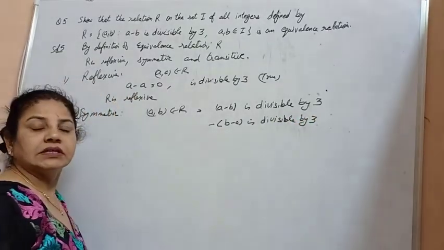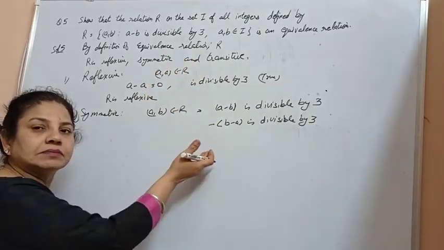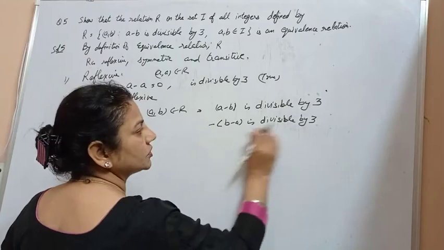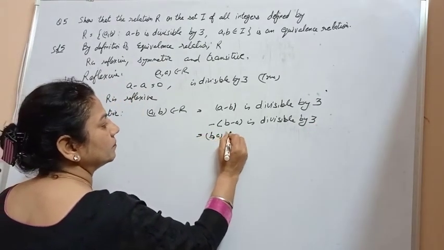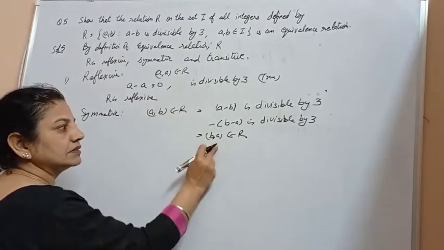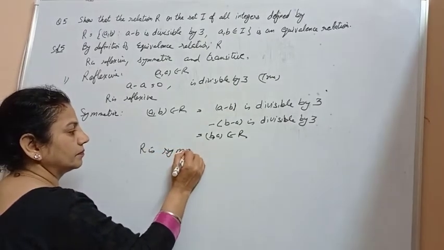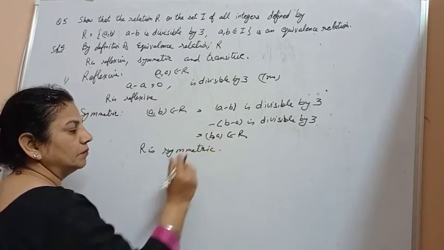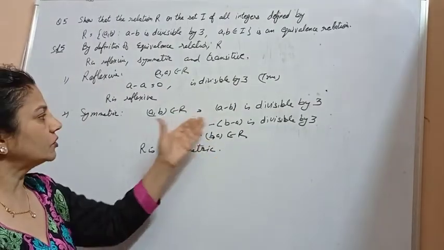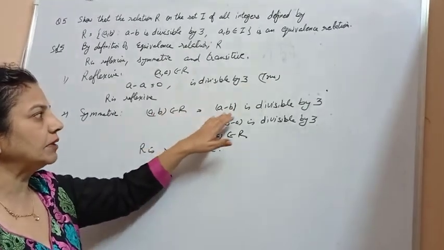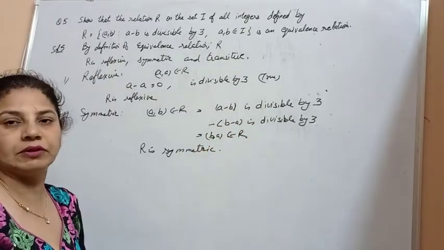Since A, B belong to integers, the negative is also an integer, so it hardly matters. It is also divisible by 3. So we can say that this implies (B, A) belongs to R. So R is symmetric, because symmetricity says that if (A, B) belongs to R, then (B, A) should belong to R. We have proved that if A minus B is divisible by 3, then B minus A is also divisible by 3. So that means (B, A) belongs to R.